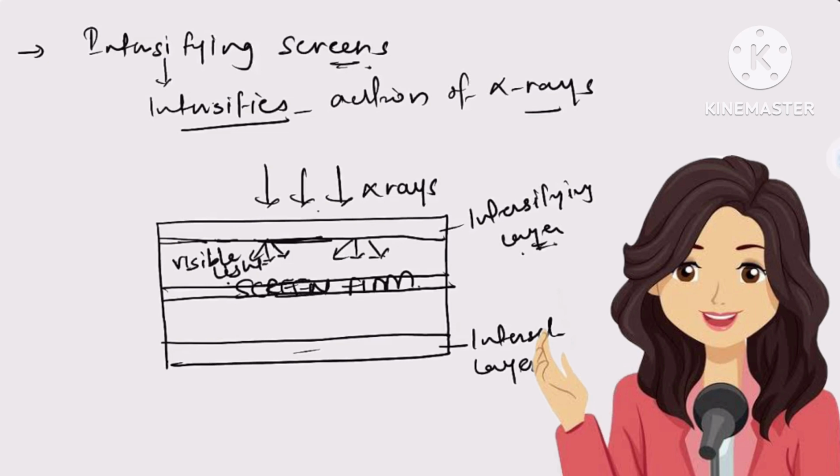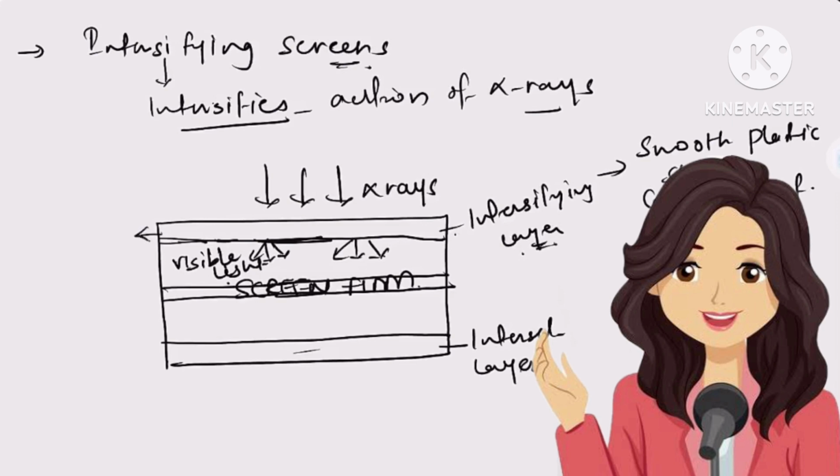You got it? And intensifying screens are made up of, or composed of, what? It is a smooth plastic sheet composed of minute fluorescent crystals called phosphor.